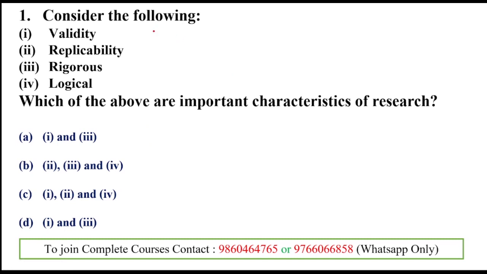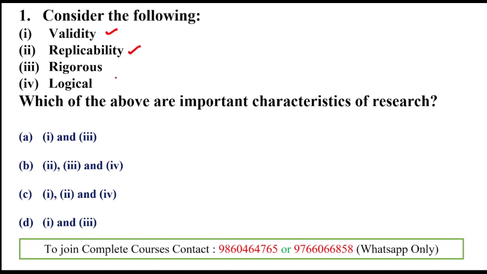Consider the following: validity, replicability, rigorous, logic. Which of the above are important characteristics of research? Among these four options, validity is definitely needed for the research, and replicability is also needed for the repetition of research.